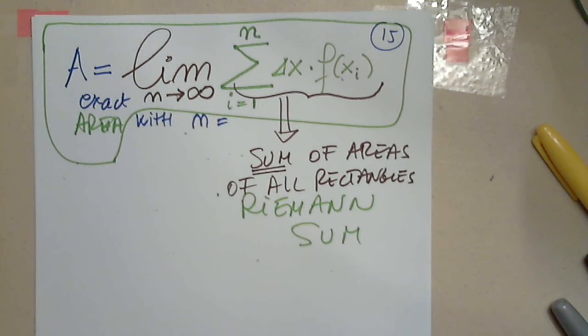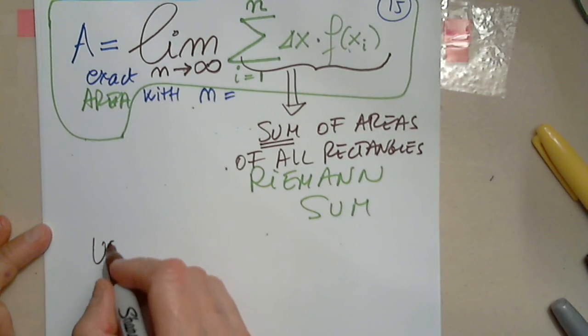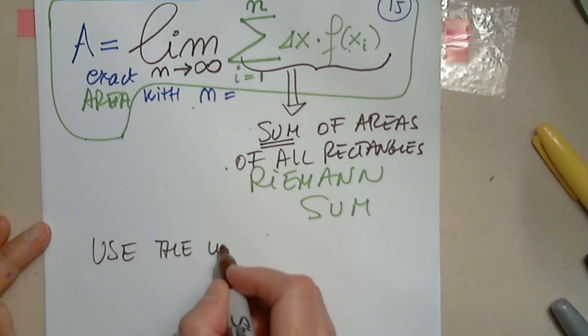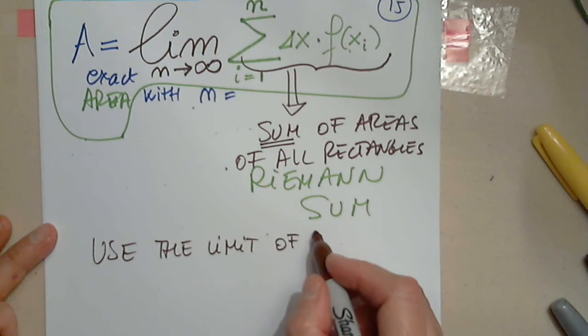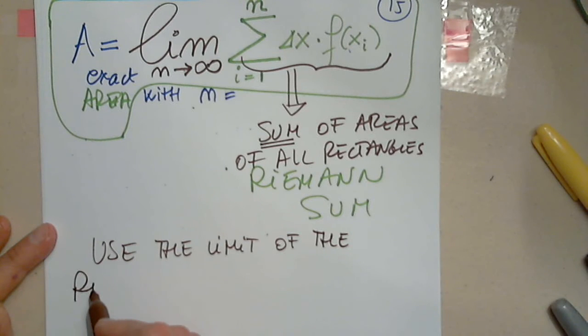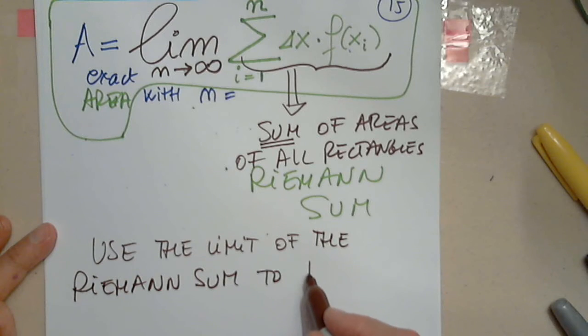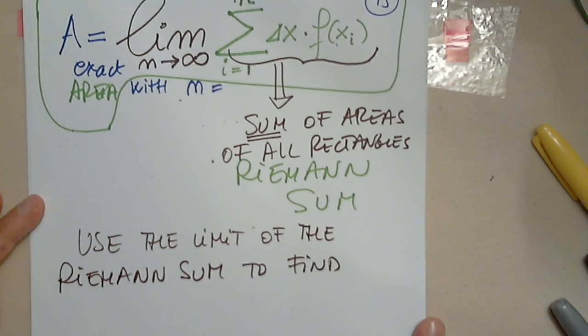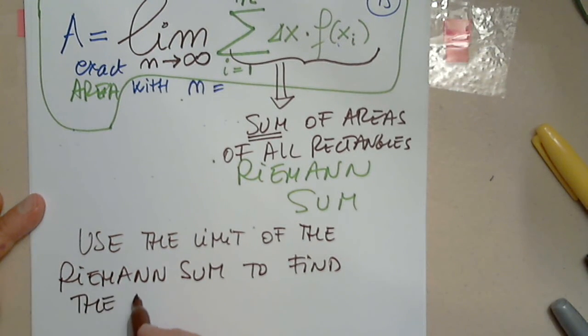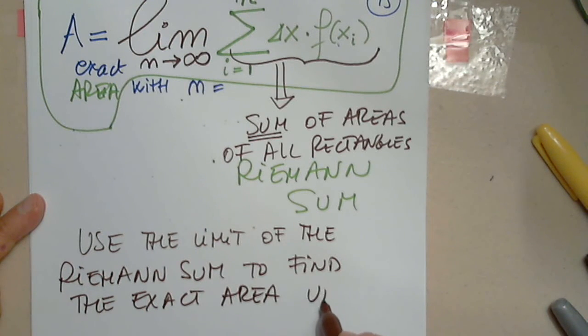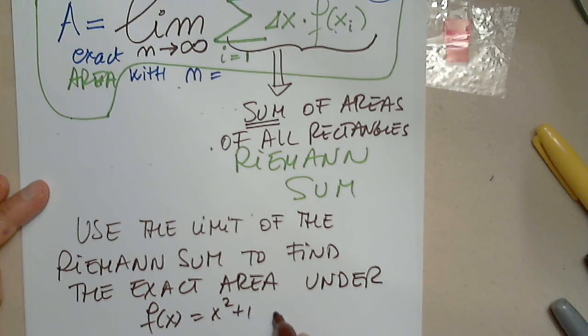So that's our problem next. Use the limit of the Riemann sum to find, no approximation, to find the exact area under f of x, x squared plus 1, and the x-axis, of course, on 0, 2.